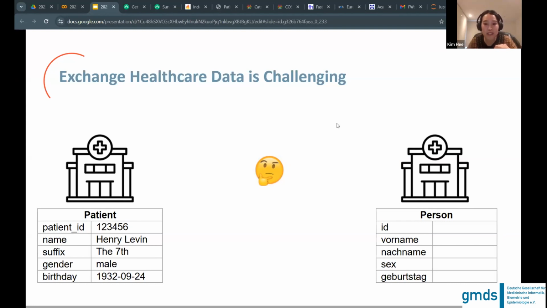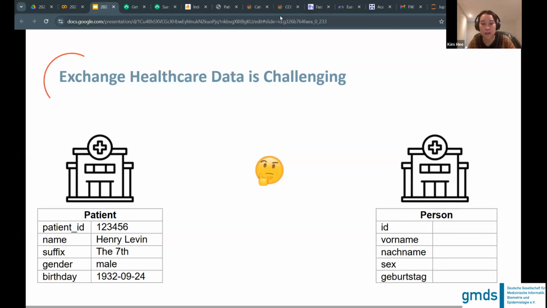On the other hand, the hospital on the right side stores the first name and the last name in different fields. And also the date formats are different. And it's just a small table, but you can think about it. One hospital has thousands of tables, and then it's almost impossible to enable data exchange between two hospitals.